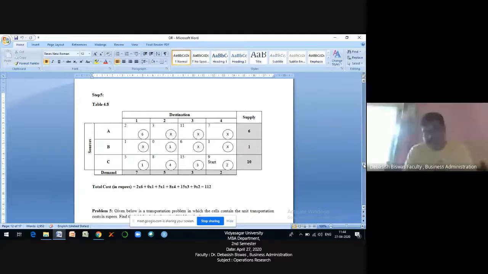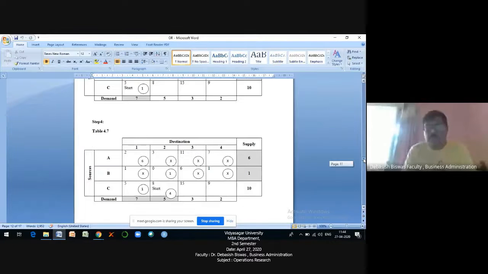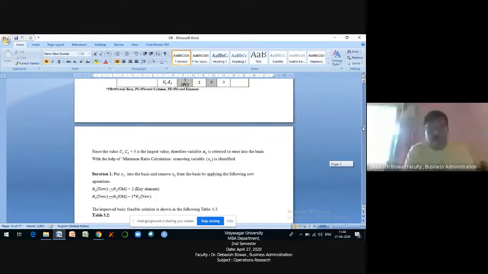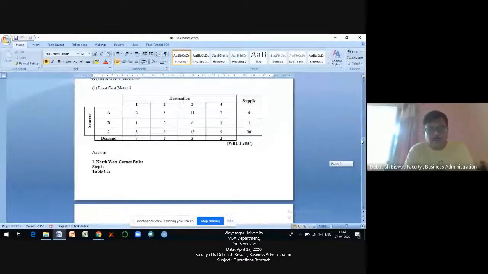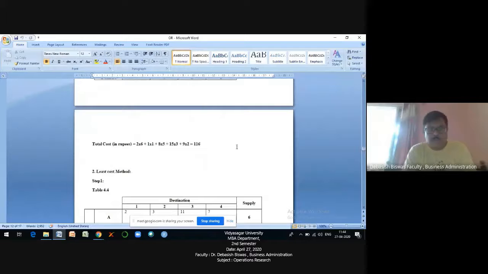And what was the result of the northwest corner method? Under the northwest corner method, the result was 116. And under the least cost method, the result is 112.